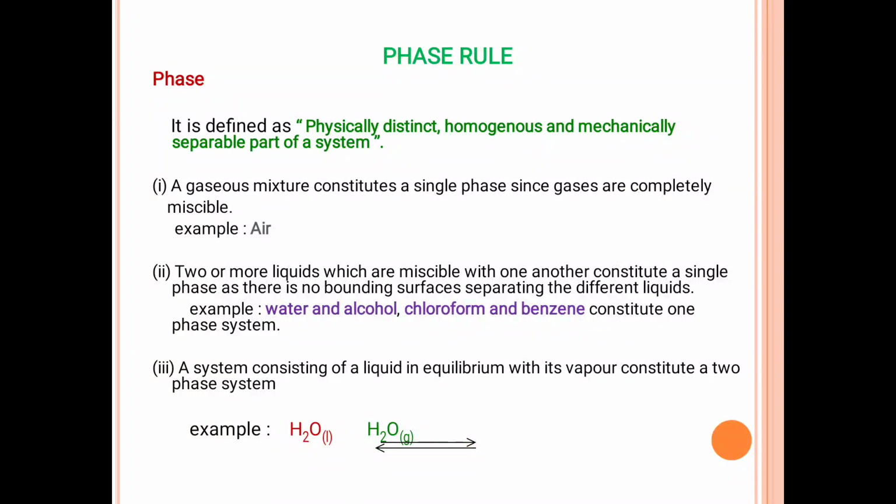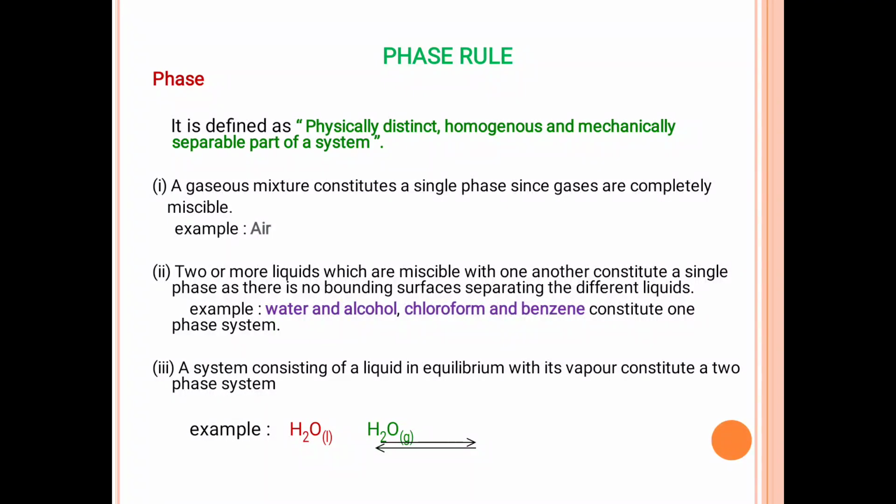For example, if you take a gaseous mixture, it consists of only one single phase, so they are completely miscible. Air is a mixture of so many gases, we all know. That is oxygen, hydrogen, nitrogen, carbon dioxide, water vapor. Everything will constitute air, but they are completely miscible and it forms a single phase.